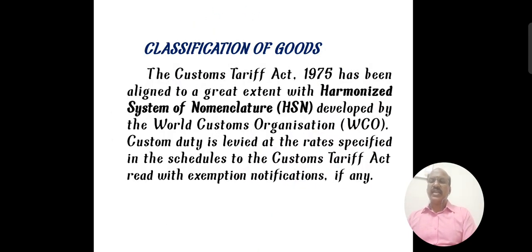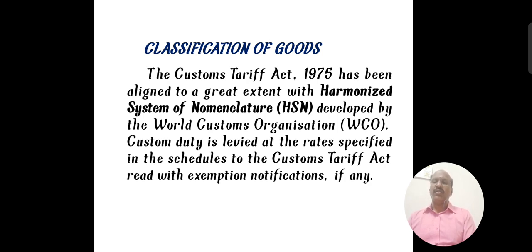Next one, we shall move to the classification. The tariff act defines the various classifications of goods. They have to fix the rate. For that, they follow the World Customs Organization system, that is HSN, the Harmonized System of Nomenclature. This is an internationally accepted catalog, a price index or price rate for levying the tax on the importing of goods.